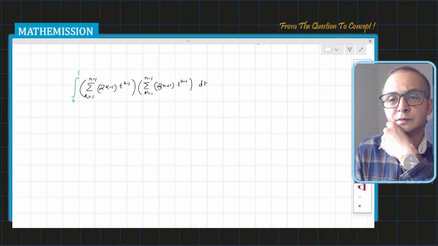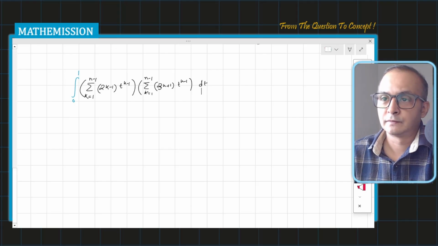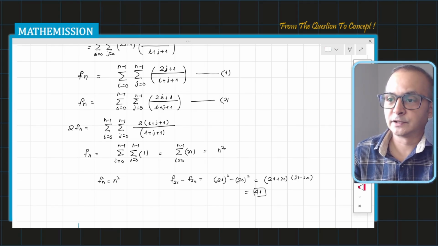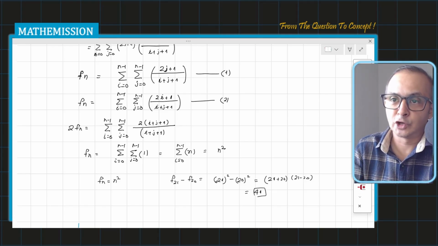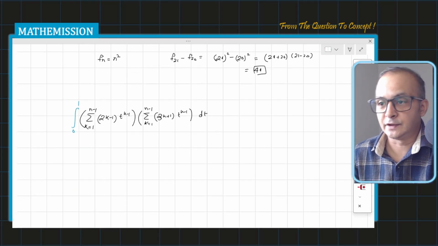It'll be difficult because we cannot generate such a nice argument in the double summation so that it can be easily cancelled, because this was so symmetric that the denominator was not changing. But in this situation, maybe there is some difficulty.